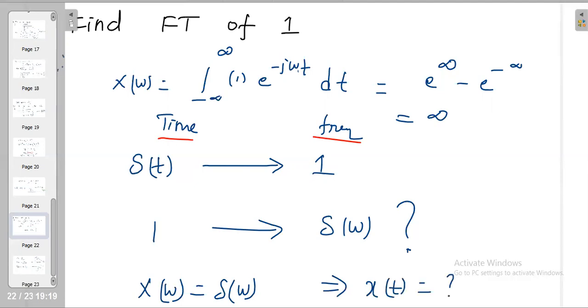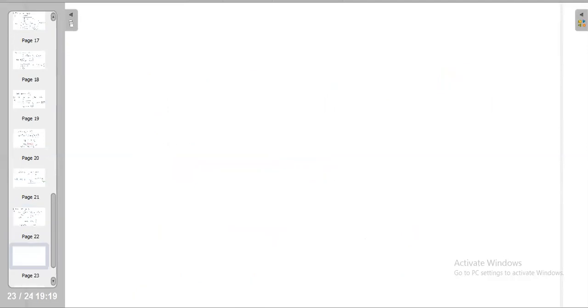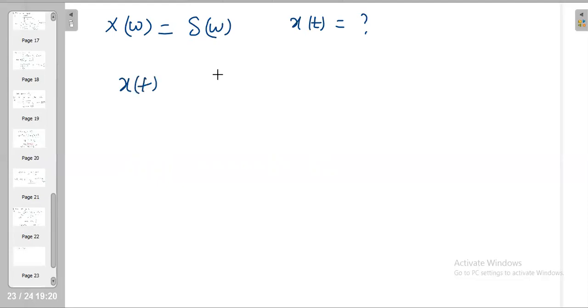If x of omega is equal to del tau, then I have to calculate x of t. That we can easily calculate using the inverse Fourier transform formula: x of t is equal to the integral from minus infinity to plus infinity of x of omega e power plus j omega t dt.